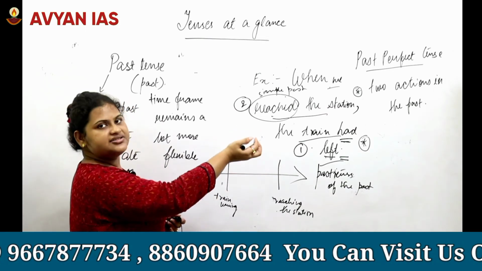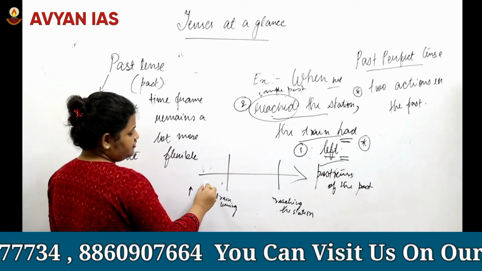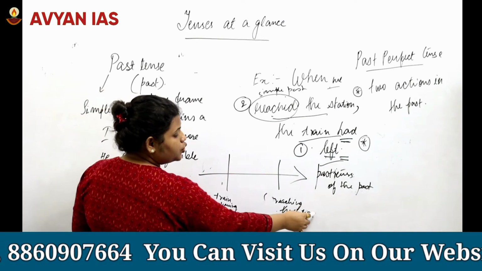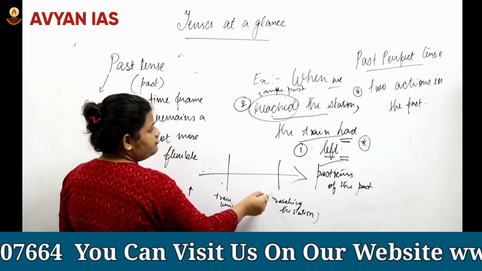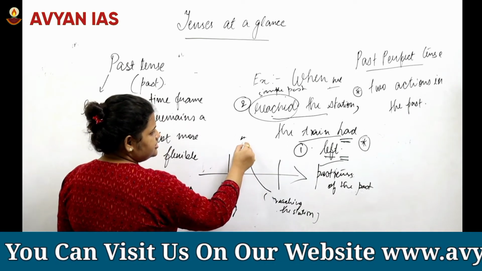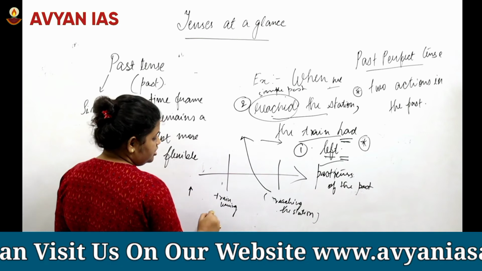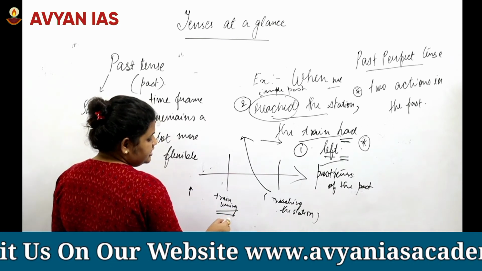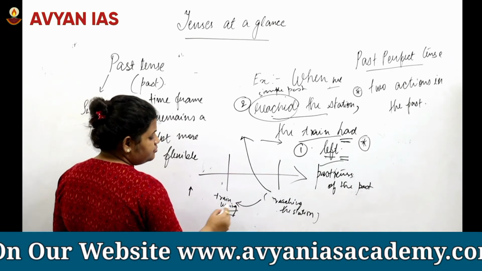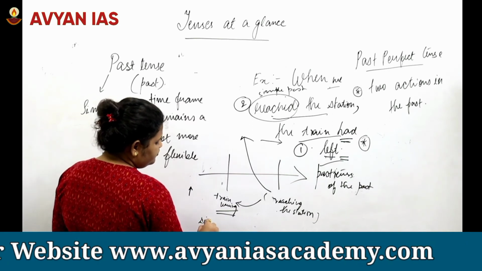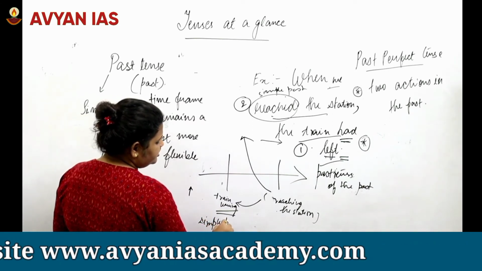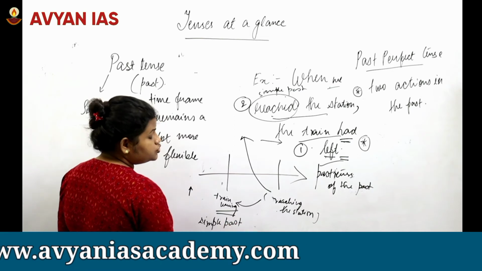That makes it the past perfect tense. So whenever we are trying to draw a timeline, anything that goes more in the past will refer to the past perfect tense, will refer to the had part, and the one that is just in the past, lesser in the past, would take the simple past tense. So remember, when we are using a past perfect tense, we are already utilizing two tenses.